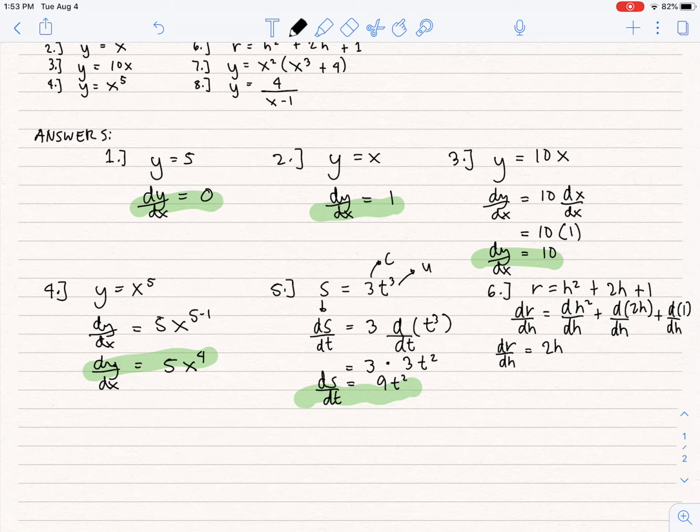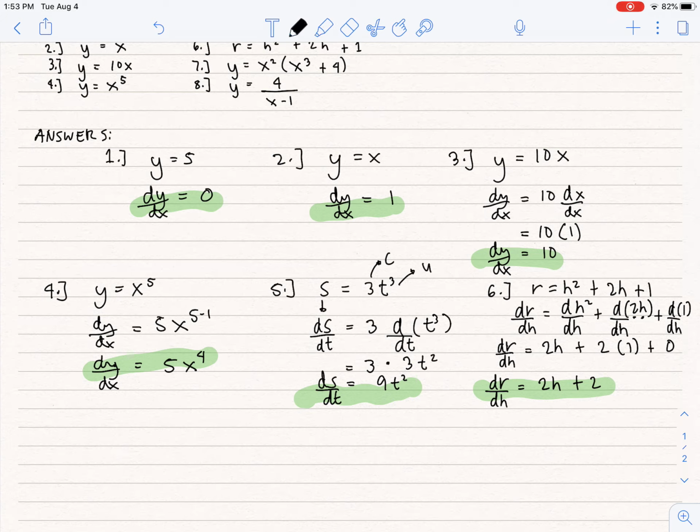Bring down 2, then exponent minus 1. Plus 2, copy ang 2, and then differentiate h with respect to h. The derivative of h with respect to h is just 1, diba? Plus the derivative of a constant is always going to be 0. Simplify, so we actually have the answer, but we need to simplify it. So the derivative of r with respect to h is just 2h plus 2. So this is now our answer.